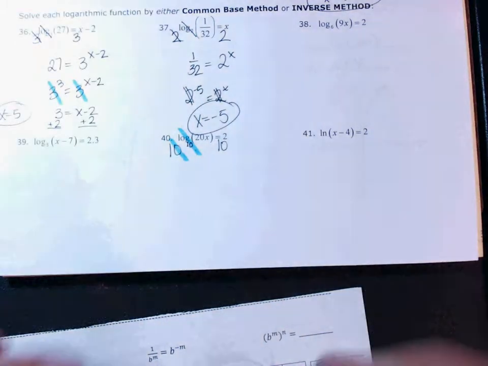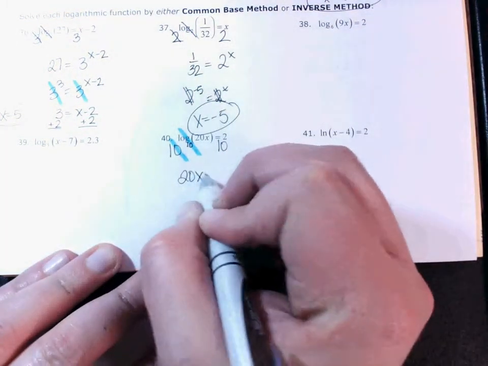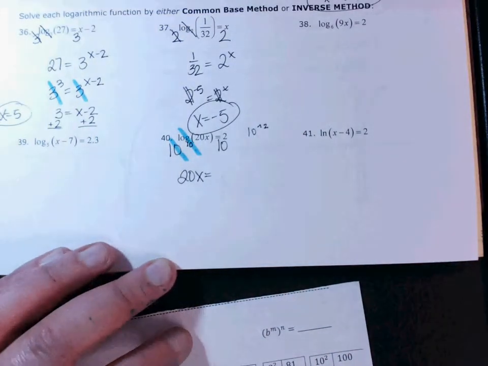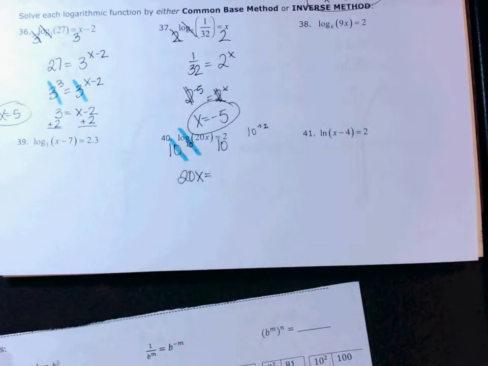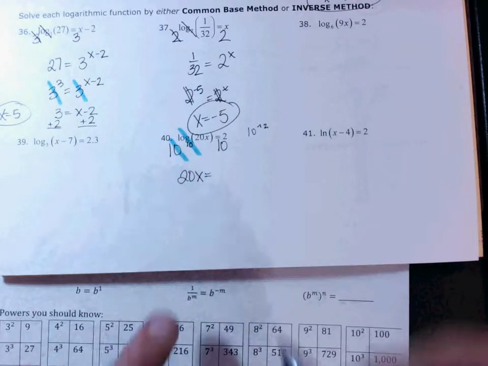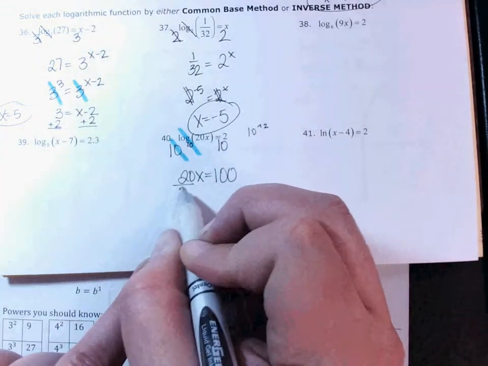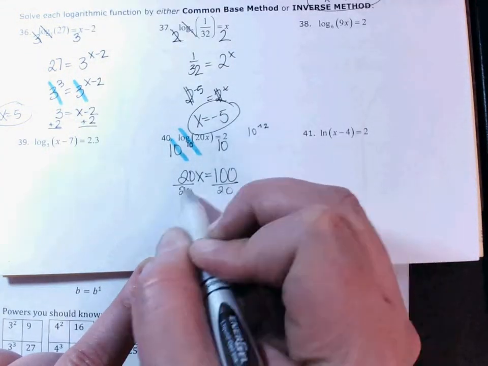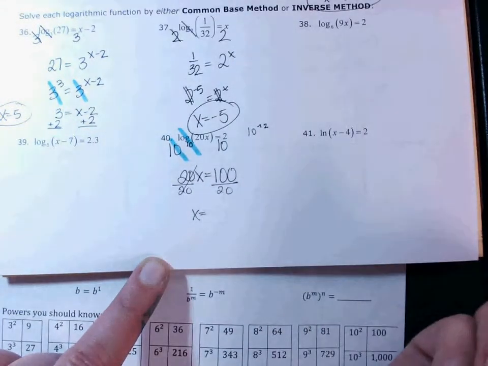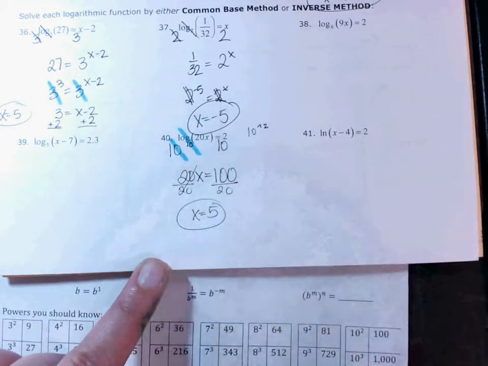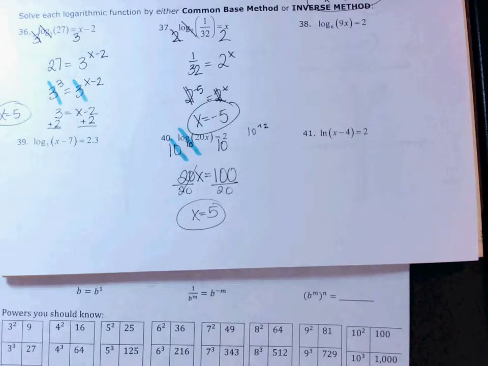My 20x comes down. And then 10 up to the 2, or 10 squared, is what I would put in my calculator. Because the 10 is the bottom number, the 2 is the top number. And what is 10 squared? 100. What would I do from there? Divide by 20. 100 divided by 20 gives me how many? 5. Good.